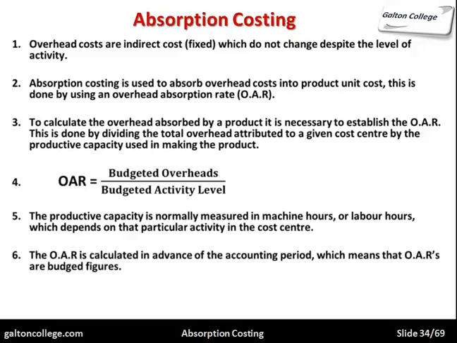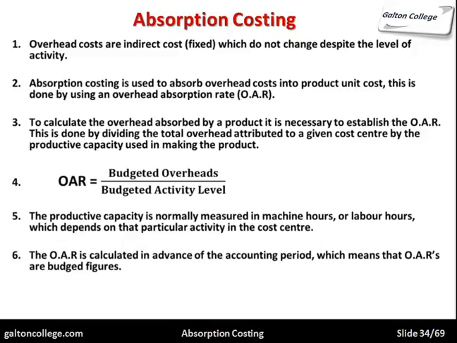The OAR is calculated in advance of the accounting period, which means that the OARs are budgeted figures. So generally speaking, these are estimates that management work out before the accounts come in. So they know what they expect, and they can then look for variations and deviations from that projected figure.